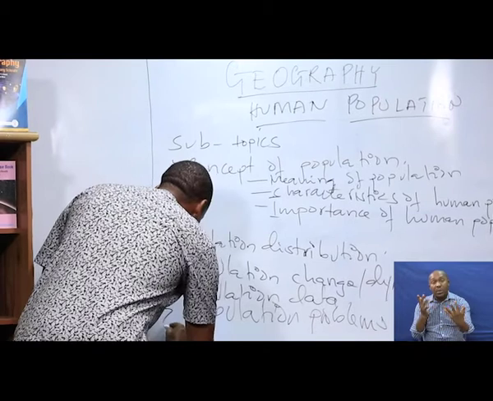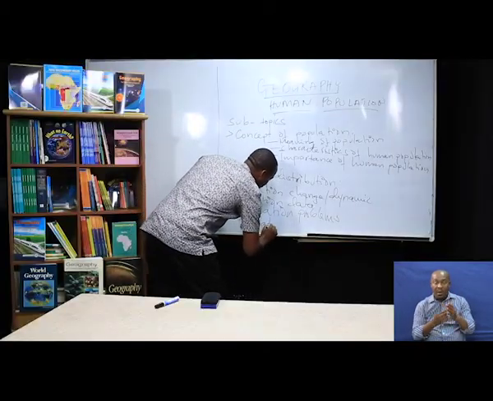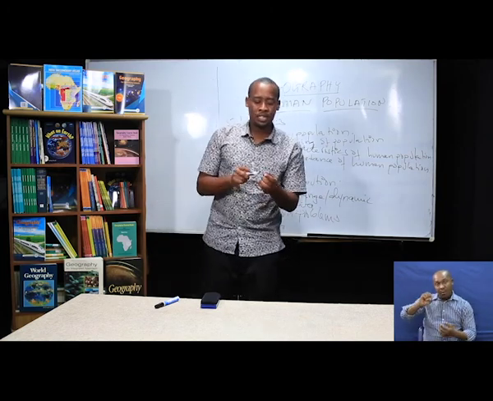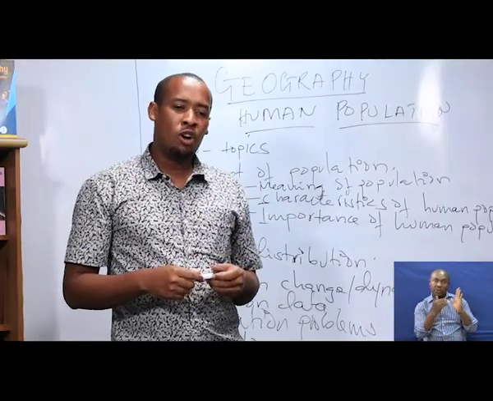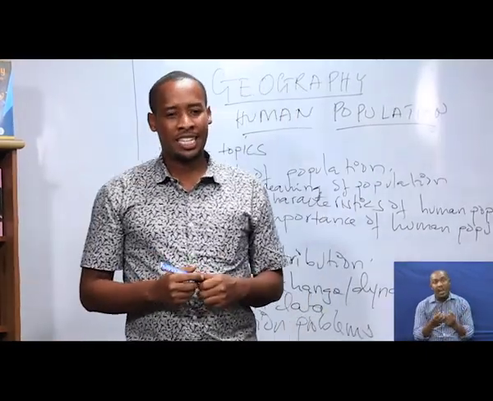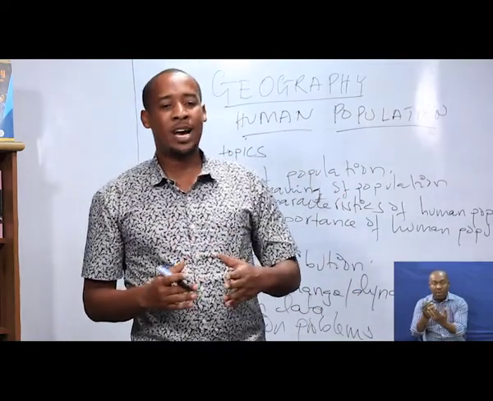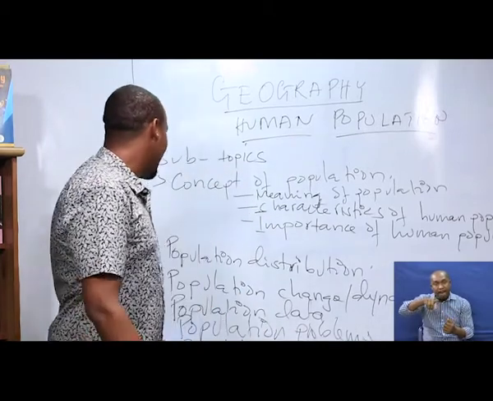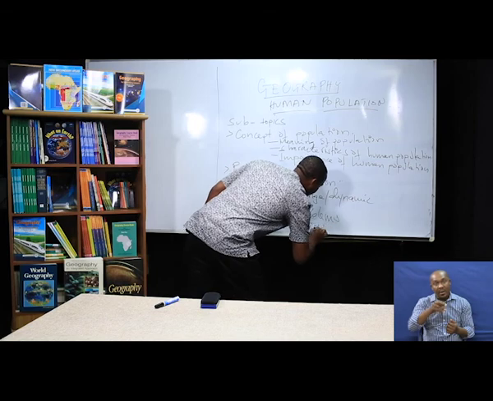And the last subtopic here is population policy. Those laws and regulations that govern the population of a certain country, whether implicit or explicit. Together, they are regarded as population policy.